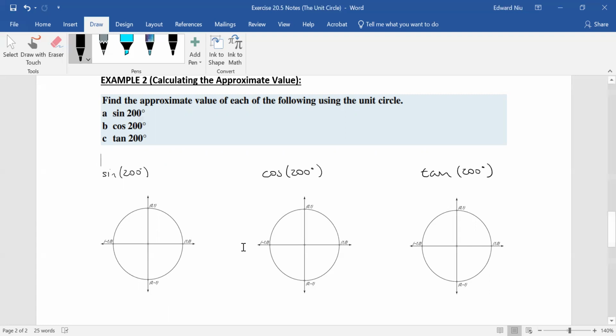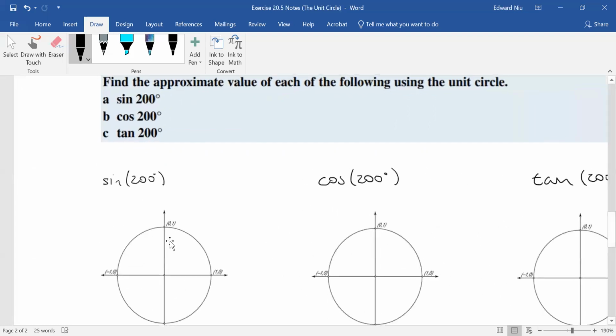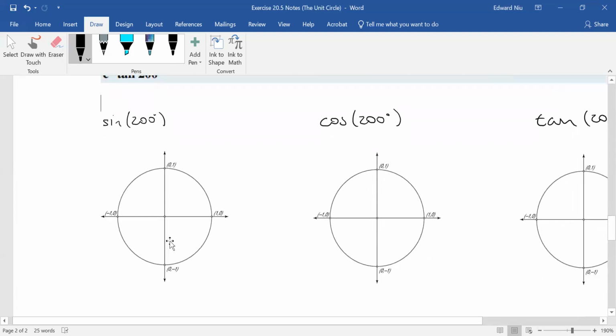I didn't pre-plan the lines, but you can imagine they're all the same. I'm going to try and draw them roughly the same. That's not the same. It's got to look at least remotely close.